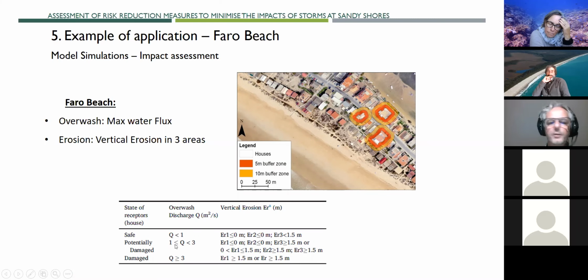If the discharge is between 1 and 3 square meters per second, we assume that our structures can be potentially damaged, but not fully damaged. This is based on literature, not on our own work. And if the overwash discharge is really quite big, then our infrastructures will be fully damaged. So this was what we assumed.